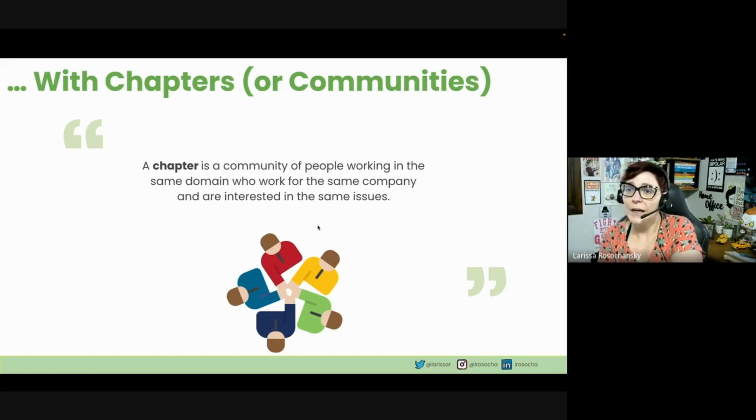Here I'm talking about quality engineering, but we can build chapters for anything, and this works for everything: quality engineering, agile, SAFe, lean, or front end, back end development, it doesn't matter. But it's really important to build this community. This sense of community is really important.